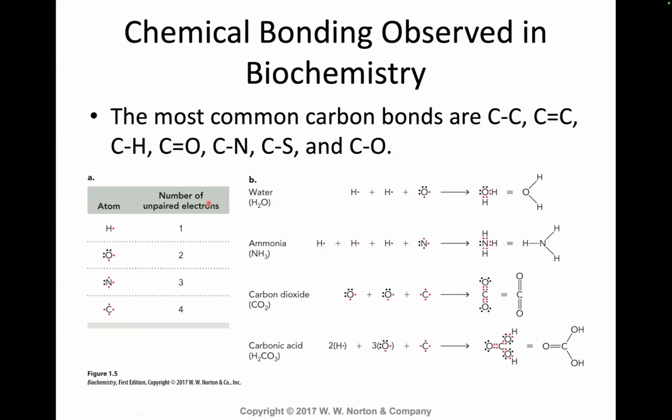We know from our general chemistry that covalent bonds are shared pairs of electrons that are denoted by that single line. So obviously, the carbon-carbon double bond would be four shared electrons or two pairs of electrons. And so here are some of the common ones: carbon dioxide, C double O, carbonic acid, and so on.